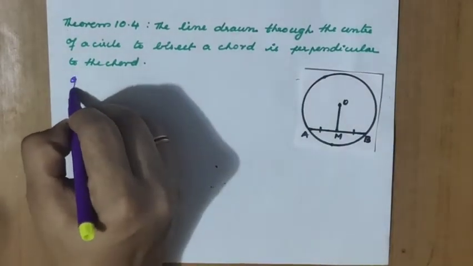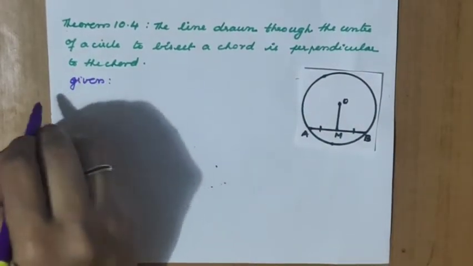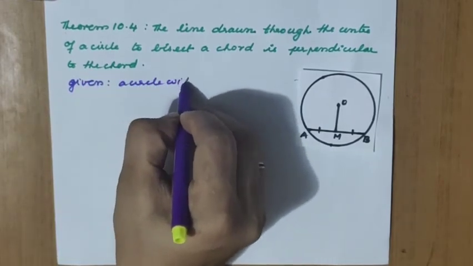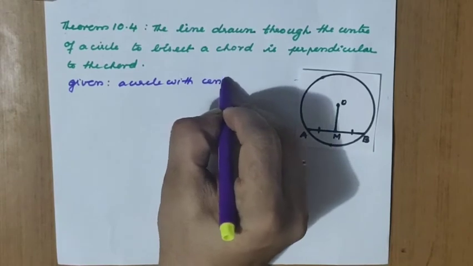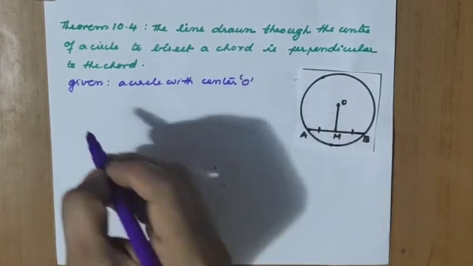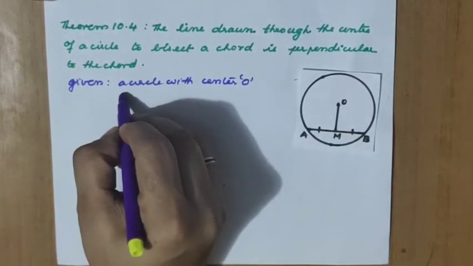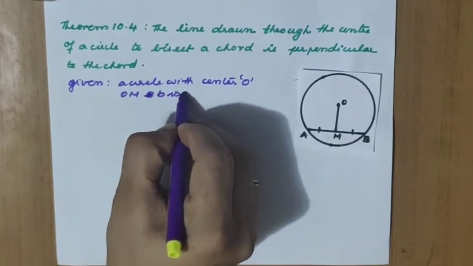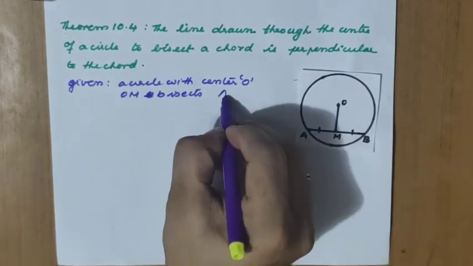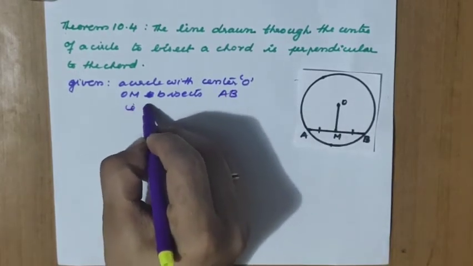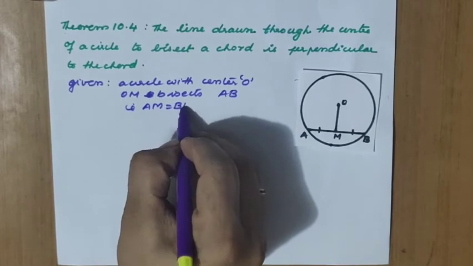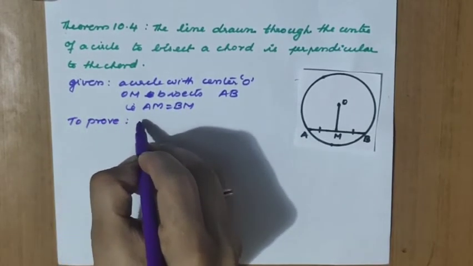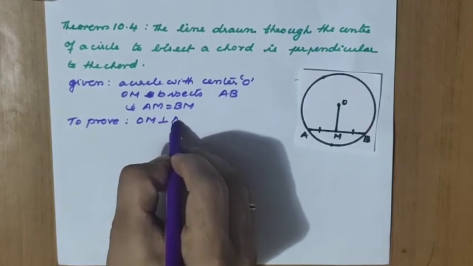So given: a circle with the center O and OM bisects AB is given, that is AM equal to BM. To prove: OM perpendicular to AB.